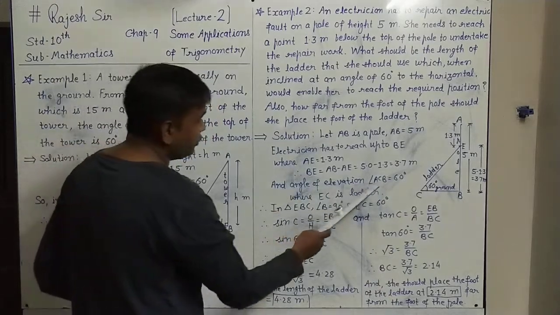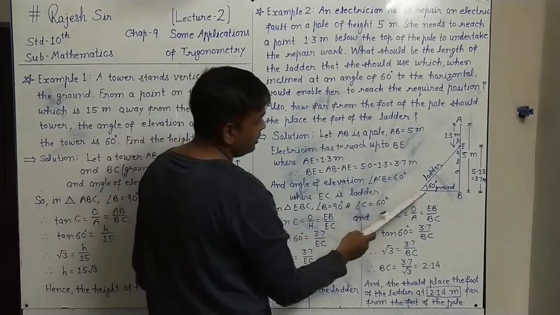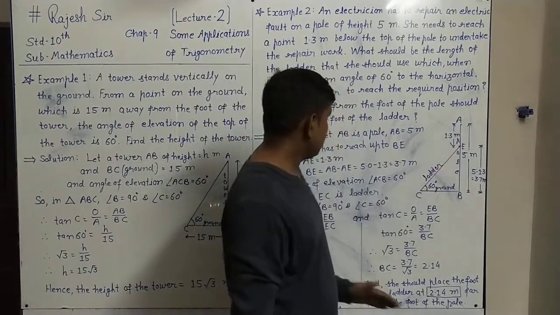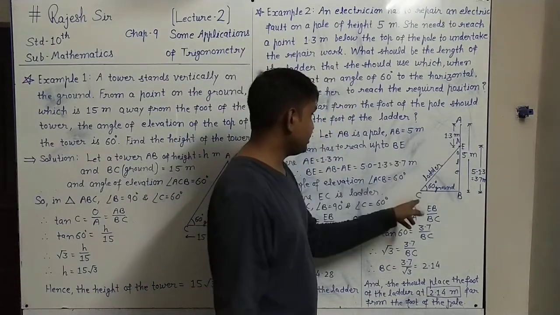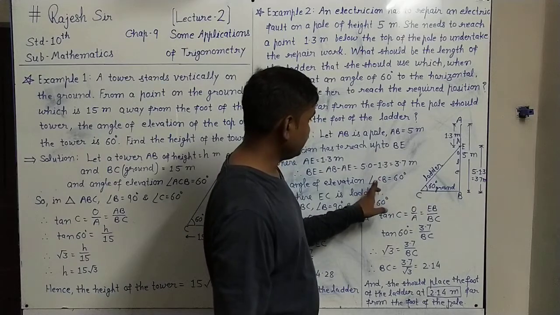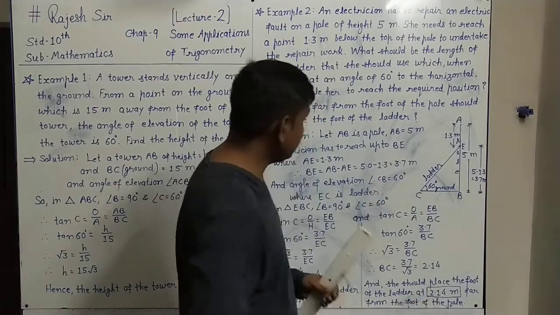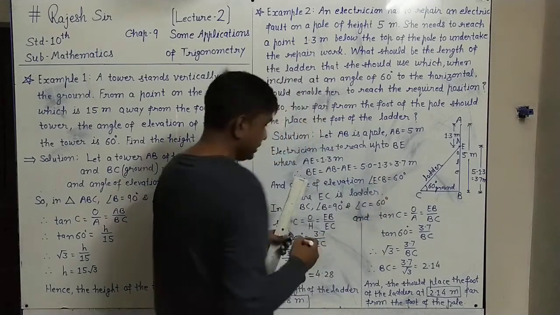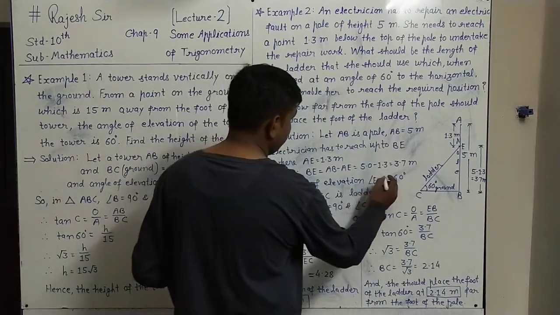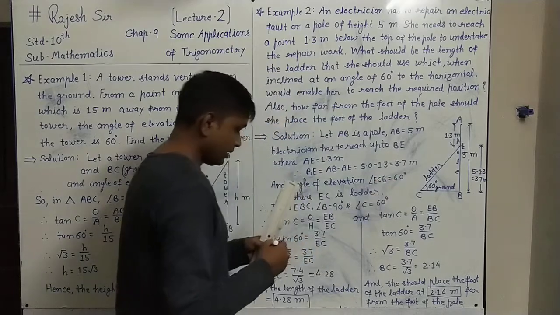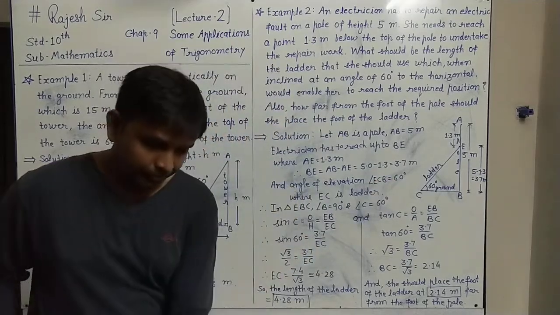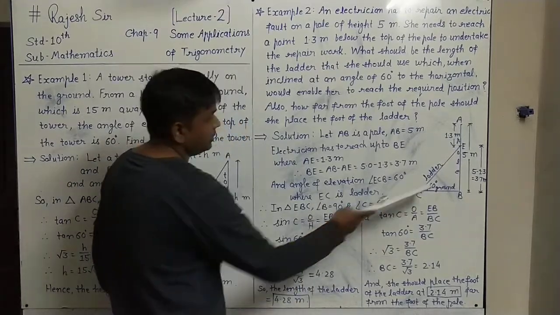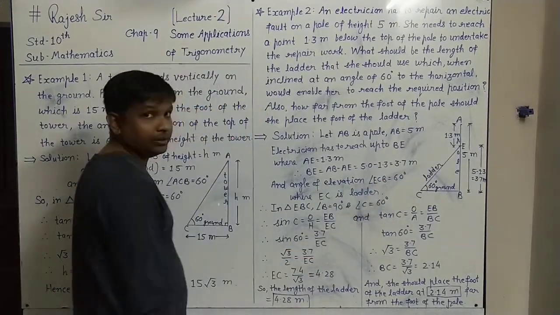Now the ladder she has to put this way, CE like that. So angle ECB is 60 degrees here, where EC is the length of the ladder.